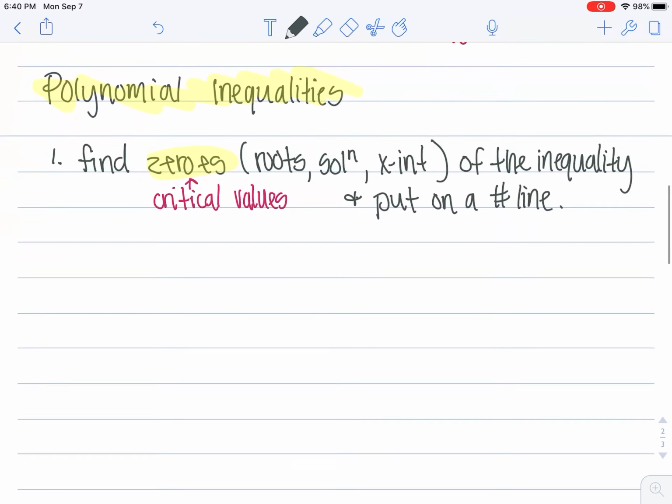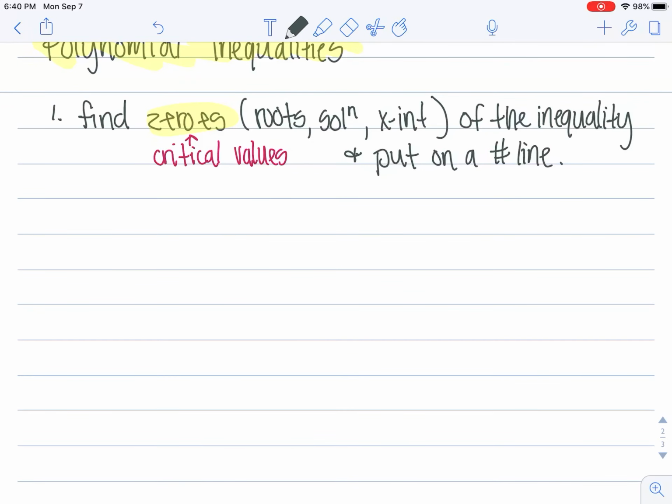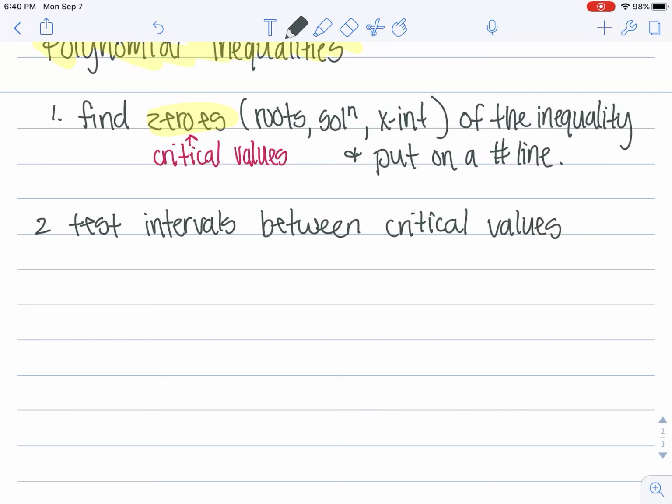So those are going to be our critical values on our number line. And then step 2, after you find them, you need to make sure that you test the intervals that are between your critical values to know where to shade.